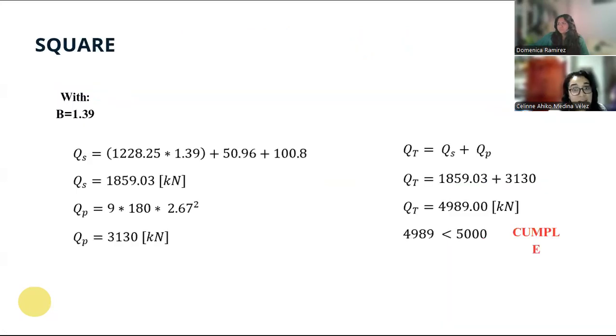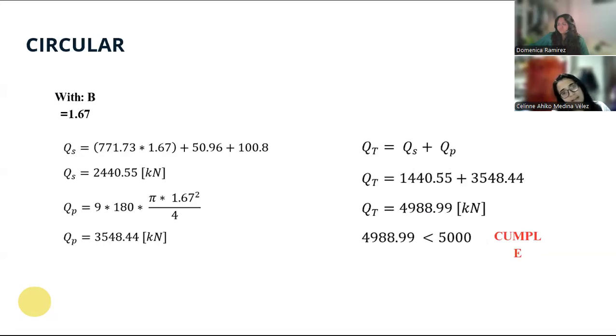As you can see, with 1.39 we had a value that is near to 5,000, which is the limit. So we can assume that 1.39 in a square pile is the maximum dimension that we can use to complete the value.